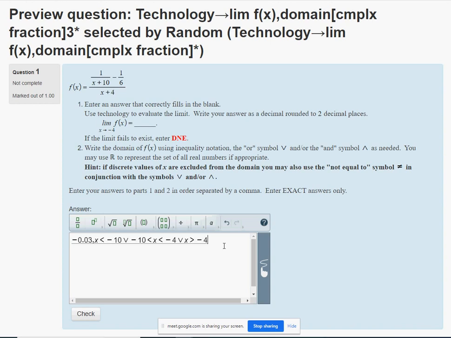Everybody see that the only values I skipped over were negative 10 and negative 4, right? Okay, it doesn't like that. I don't know why. That used to work, but somehow in Canvas it doesn't. But that's okay, because there's a better way to do this anyway. And this is a good thing to learn. Notice the hint here. If discrete values of x are excluded from the domain, well, what does discrete mean?